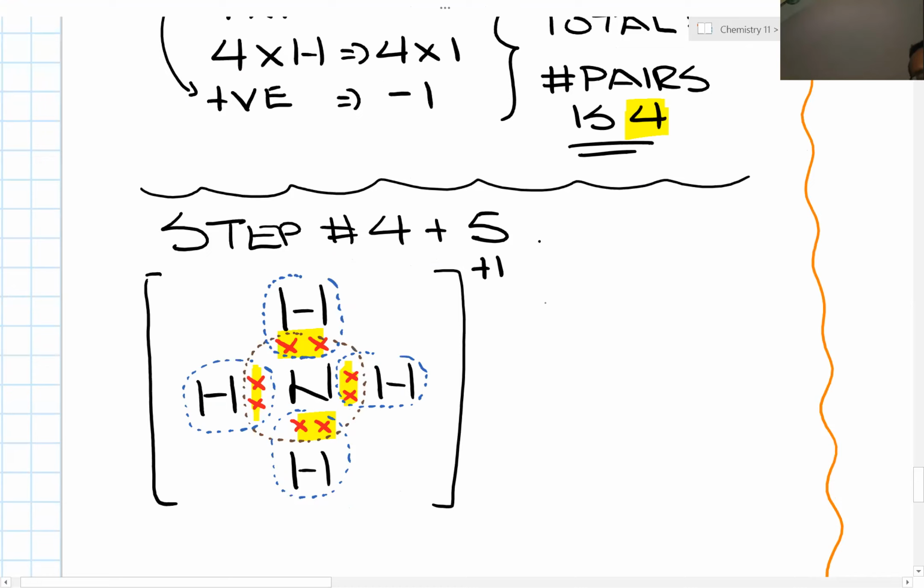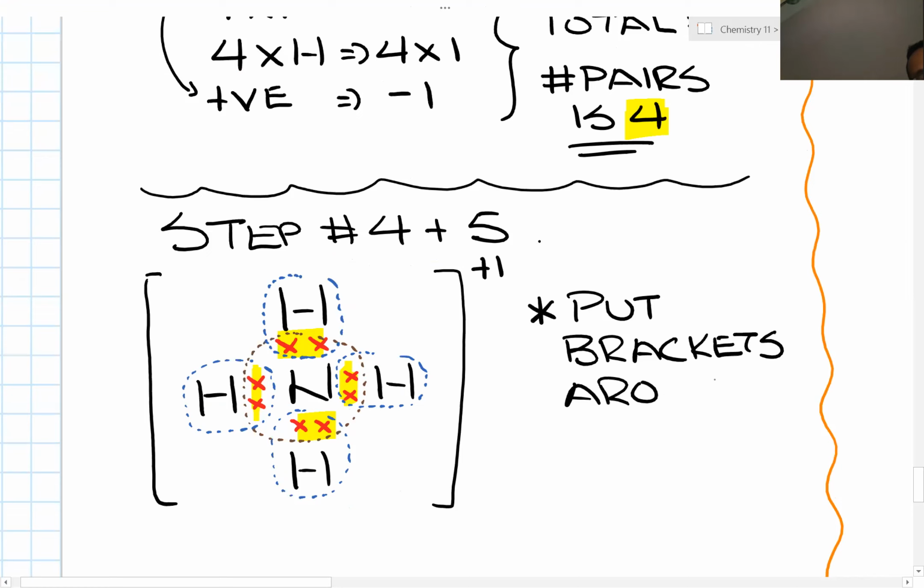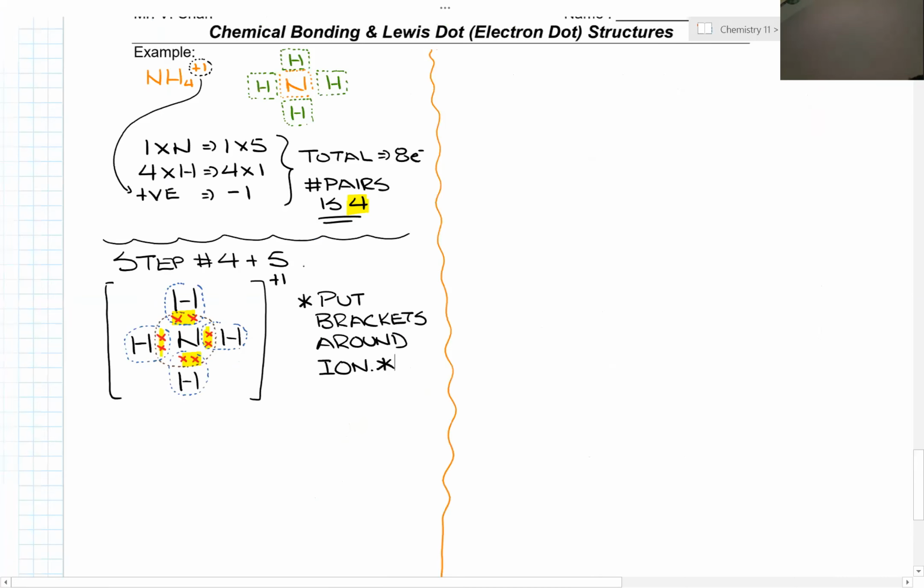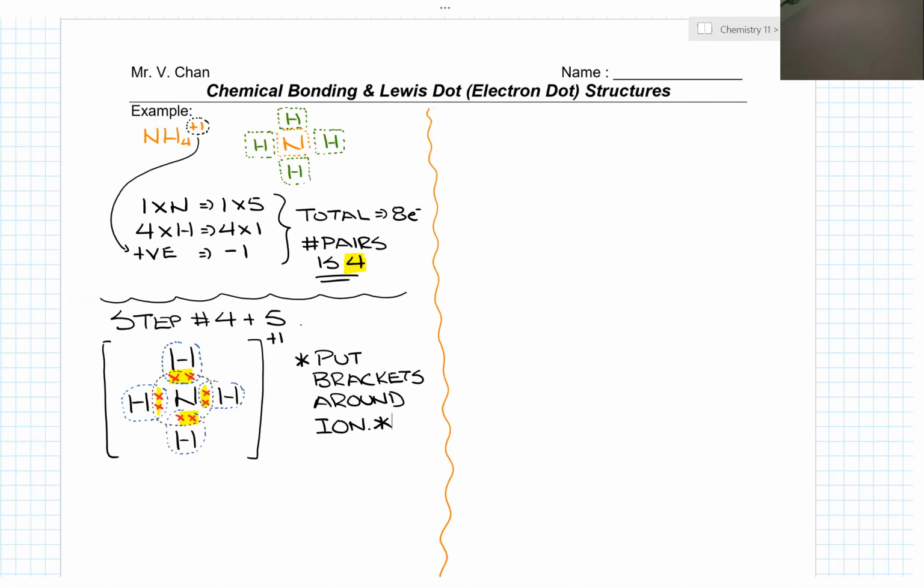So in this case, if we put a star, we need to put brackets around the ion. Something for you to be aware of. Now you might say, Mr. Chan, that's pretty easy. Challenge me.